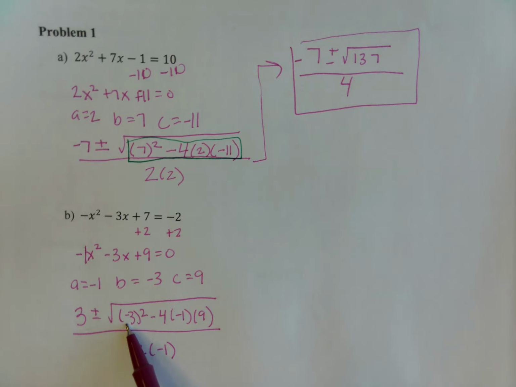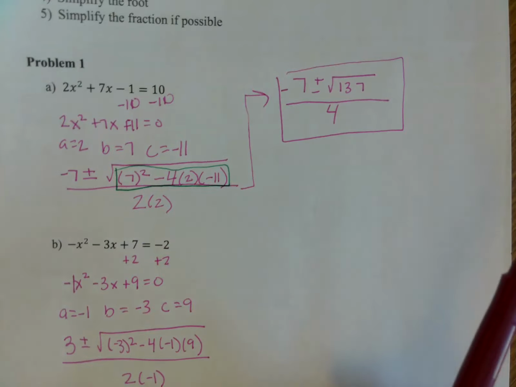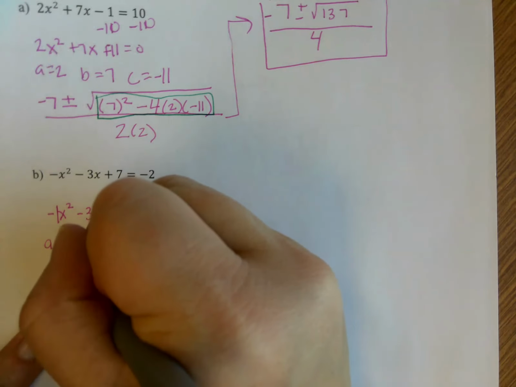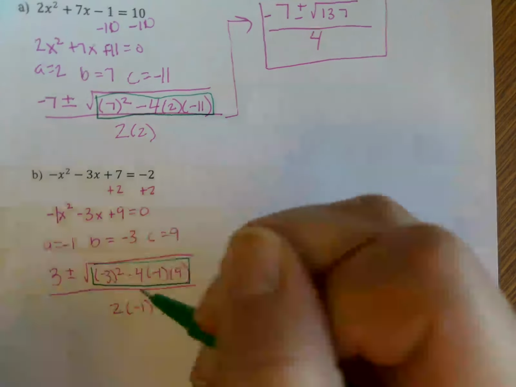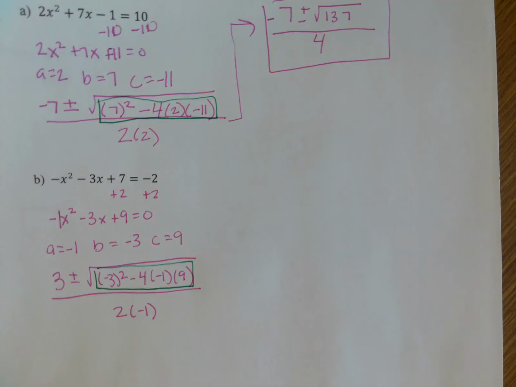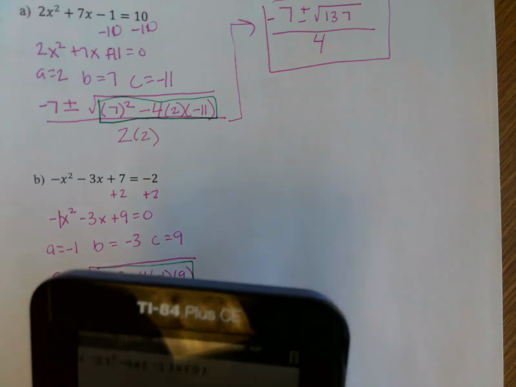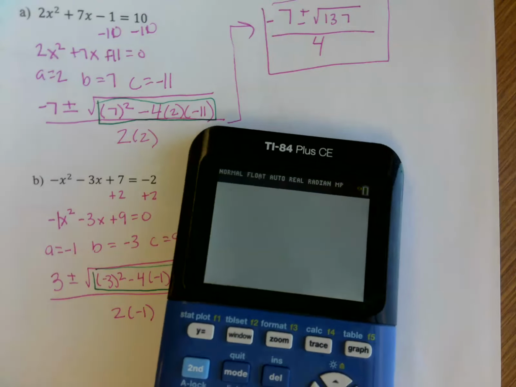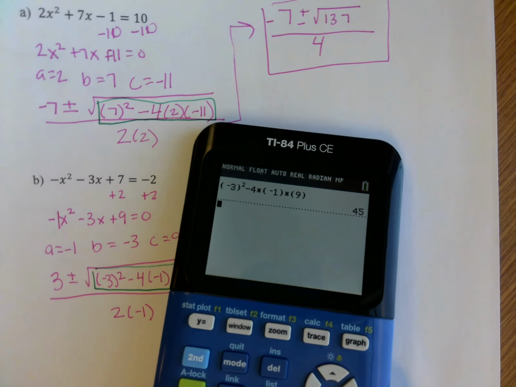Make sure you put this in parentheses, negative 3 squared minus 4 times a times c. Now try to just plug in your discriminant right here. Just try to plug in that part into your calculator right now. Pause the video. What you should have gotten, it should look like this. When you plug it in, you should have gotten 45.